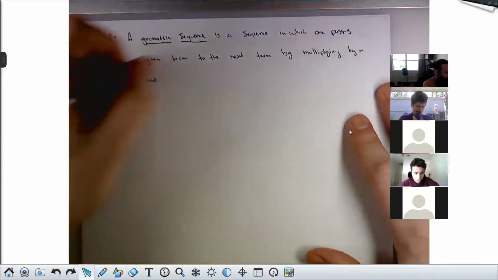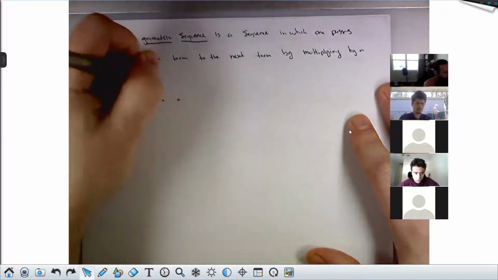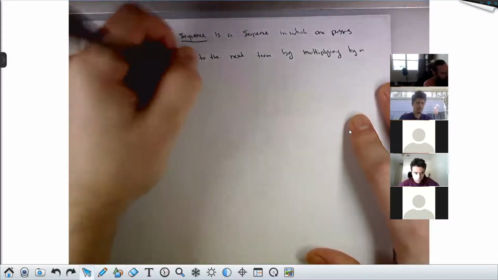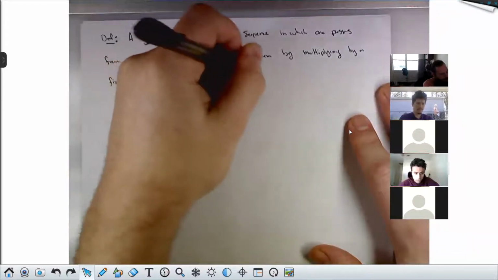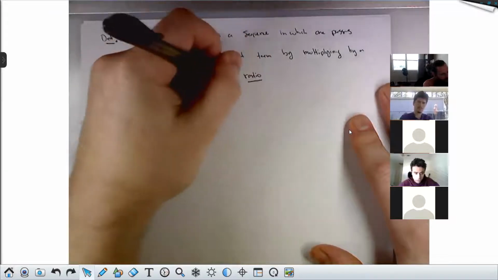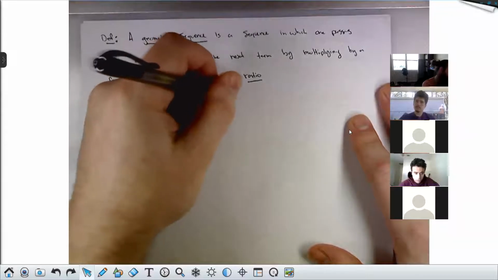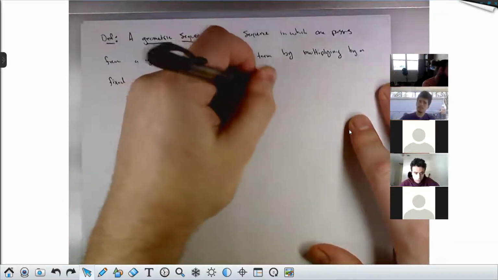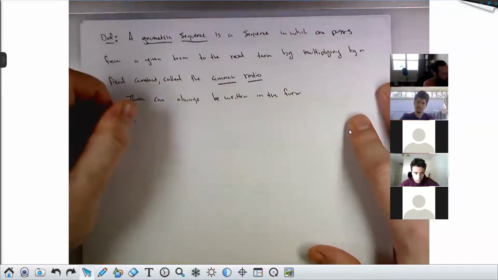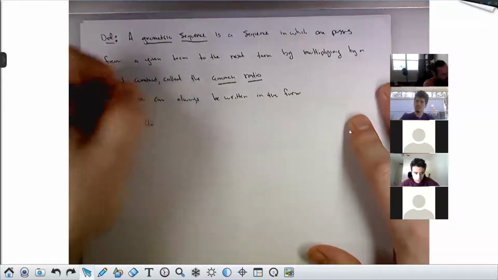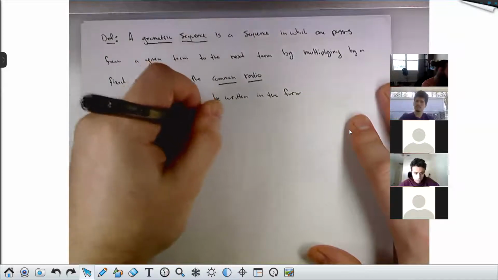Another way of saying this, the fixed constant is called the common ratio. These can always be written in the form an equals a0 times r to the n, where n is greater than or equal to 0.